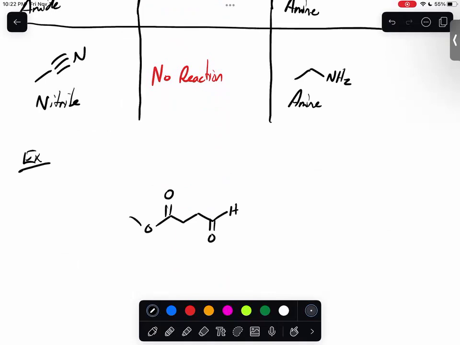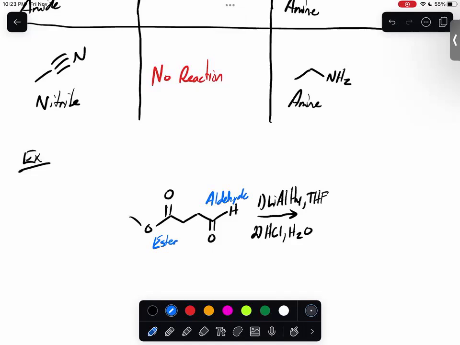Well, if you think about it, if this were to be run through a reaction with lithium aluminum hydride and THF, what exactly is going to happen? Well, we know, just based on what we've talked about in that table above, that we currently have on this molecule an aldehyde and an ester.